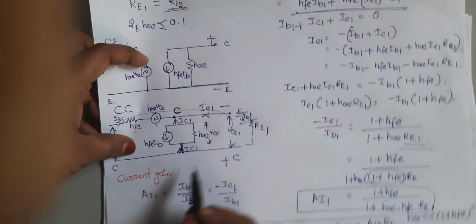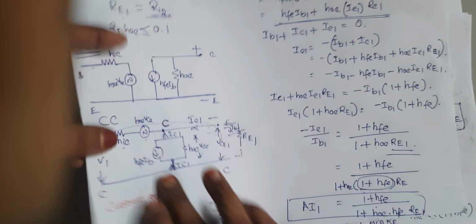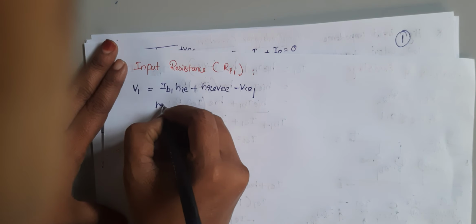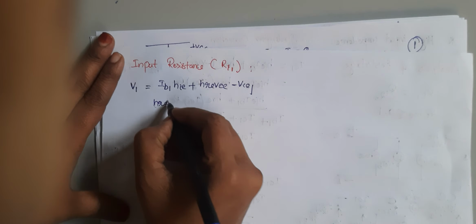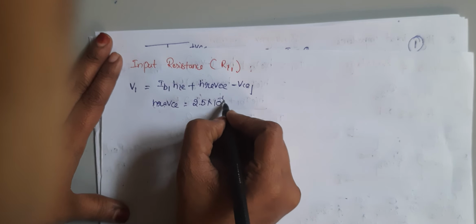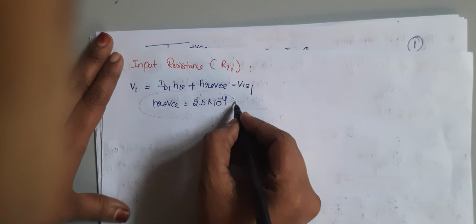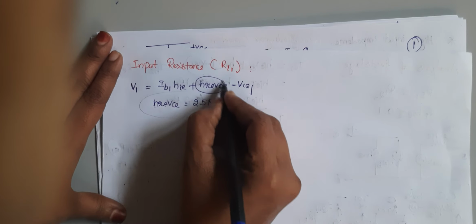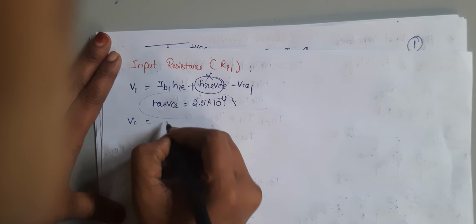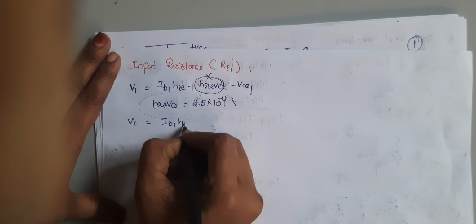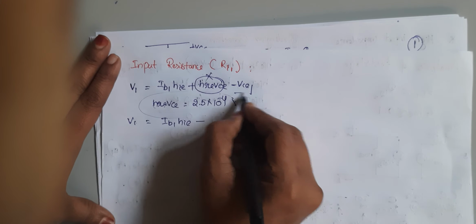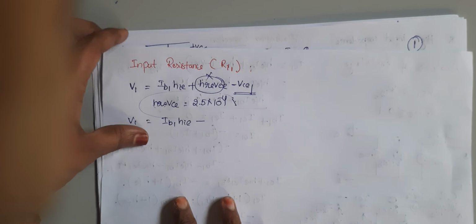So minus means here negative polarity. From this, the HRE VCE value is 2.5 into 10 to the power of minus 4. It's a very small value, it can be neglected. Then V1 is equal to IB1 into HIE minus VCE1. What is VCE1?